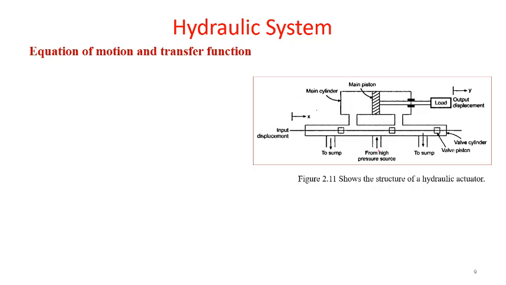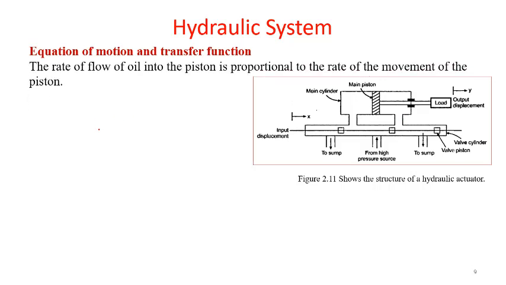The fluid supply from the high pressure enters here, and the pressurized fluid puts the piston in the forward position. The compressed fluid here rushes back to the sump. As it rushes back to the sump, there will be resistance offered; if we confine this, the rate at which it comes out will slow the system, or otherwise make the system fast.